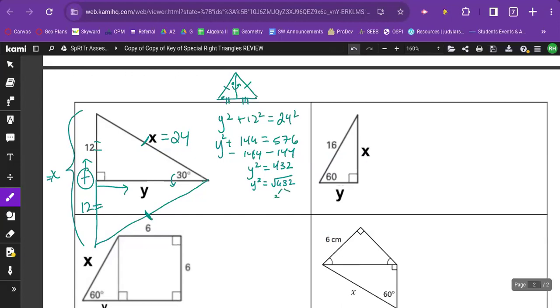So I'm going to get 2 times 216, 2 times 108, 2 times 54, 2 times 27, 3 times 9, 3 times 3. So couples are going out. 1, 2, 3 of them. So that's a 2 times 2 times 3, and then singles stay in. Looks good. So this is my y, so y is 12 root 3.